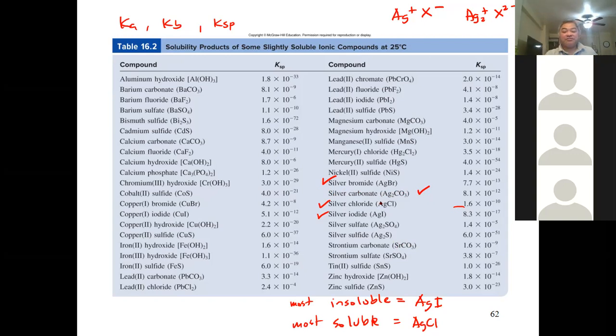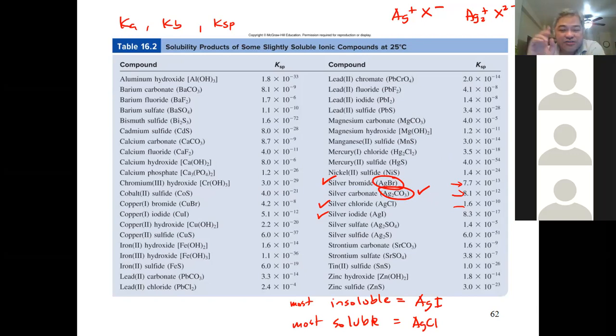Even though the Ksp of silver carbonate is higher than silver bromide, you're still not sure if silver carbonate is indeed more soluble than bromide. Why? Because look at the form that they have. So you need additional calculation. You need to determine the solubility of each of them.